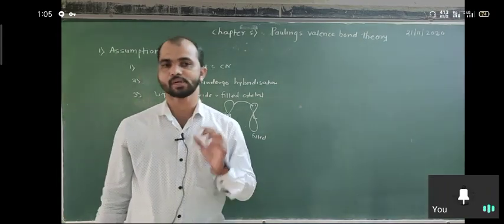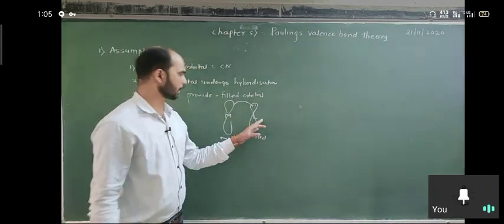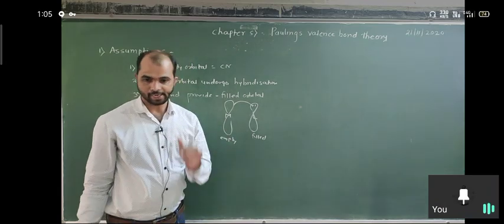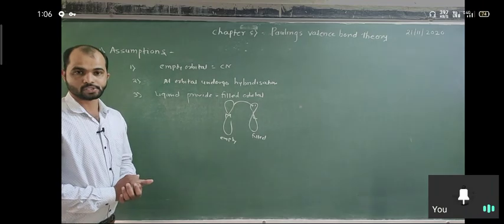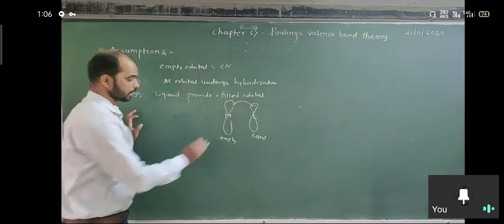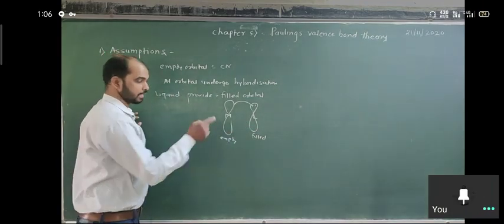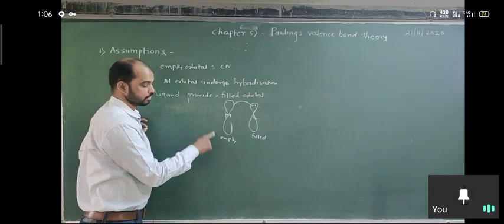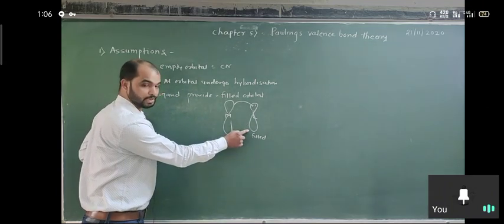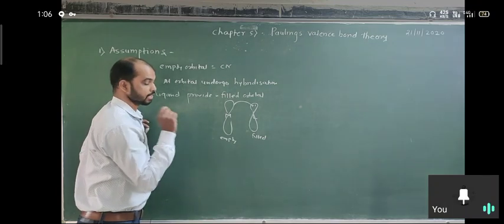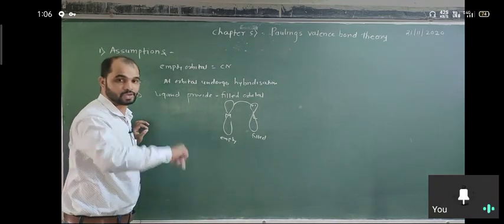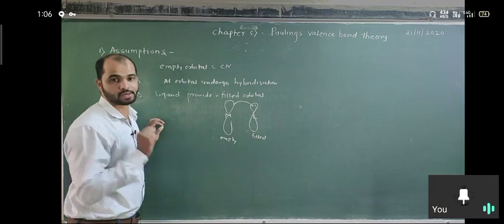So basically the first sigma bond is formed between the metal and ligand. In addition to that, there is a formation of pi bonds. When a pi bond is formed, it is the reverse condition. In sigma bond formation, the ligand provides the filled orbital and the metal provides the empty orbital. But some ligands with a filled orbital also have some empty orbitals.